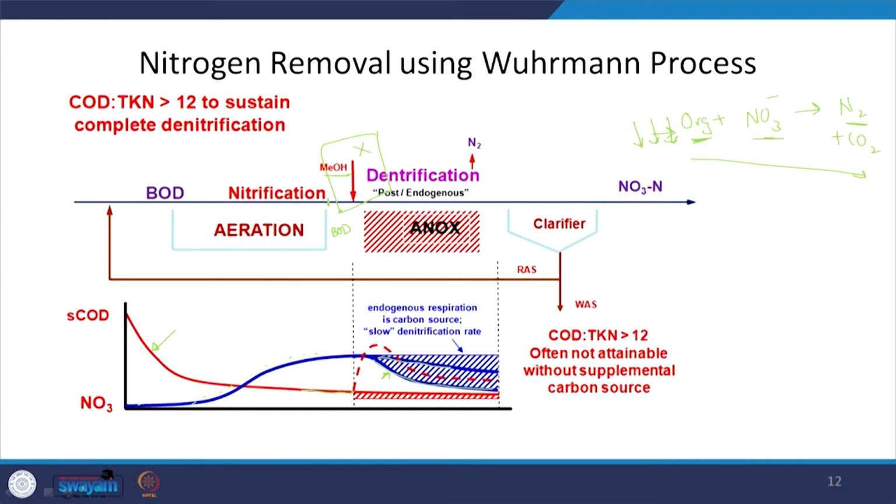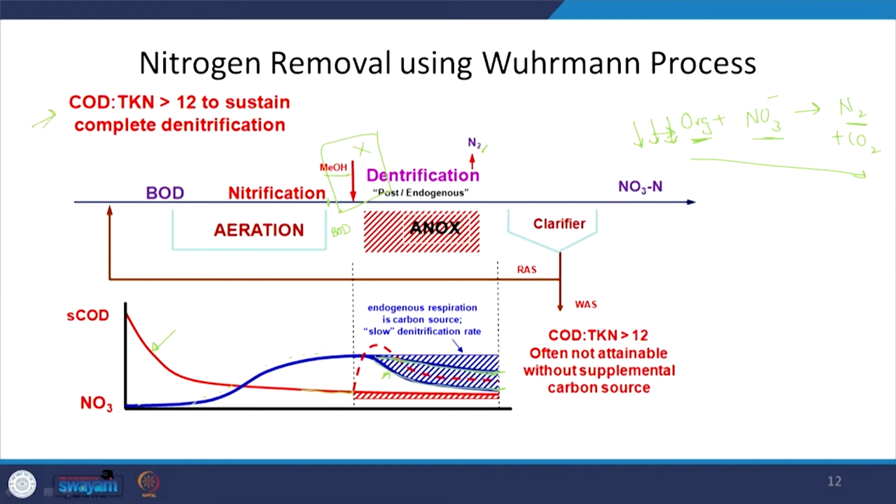If there is no methanol or additional organic carbon present, you are going to have a slower and finally lower removal of nitrate, let us see, right. So, that is what you see here in this anoxic tank, obviously nitrogen is the end product.